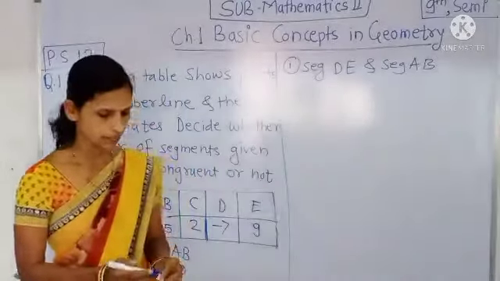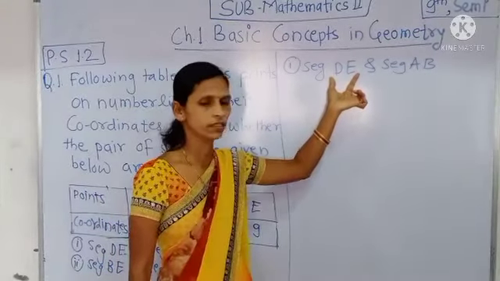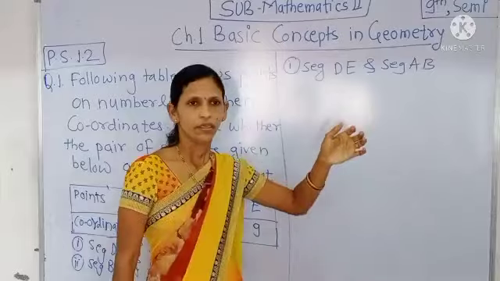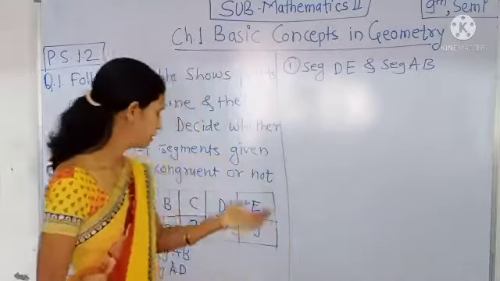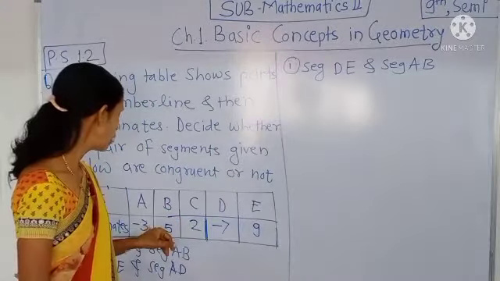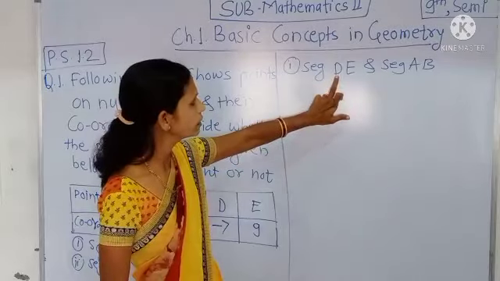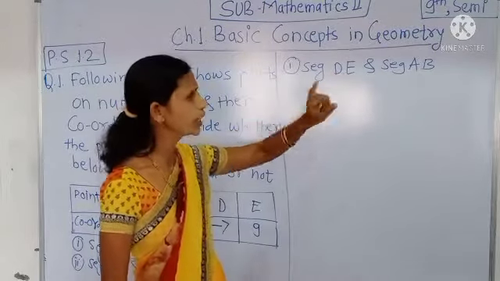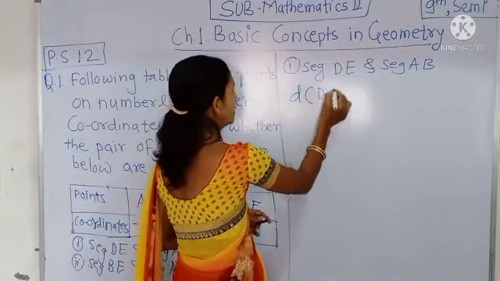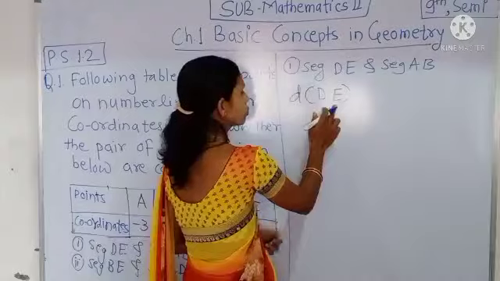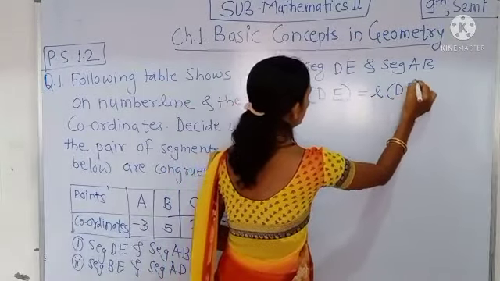All of you have studied the distance between two points, and the distance between two points can be calculated using the coordinates of those points. Taking the coordinates of D and E, we can determine the distance DE, which is the length of DE.